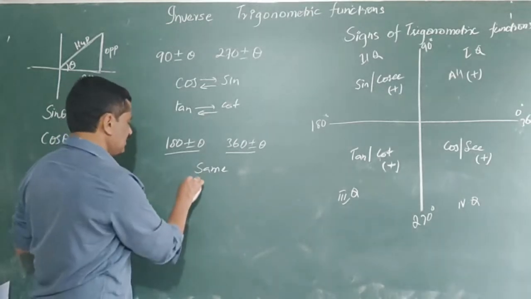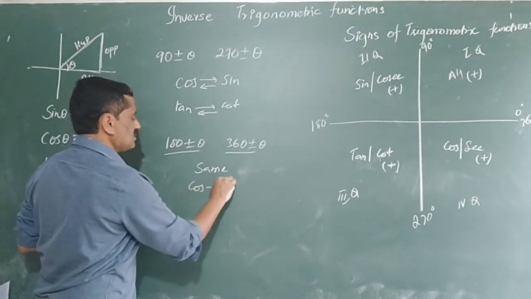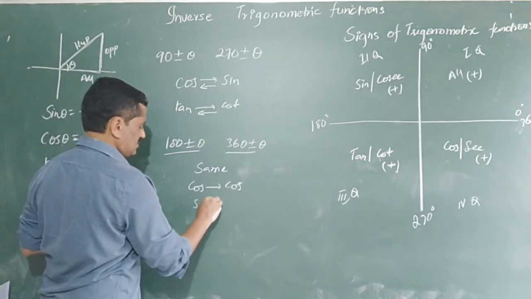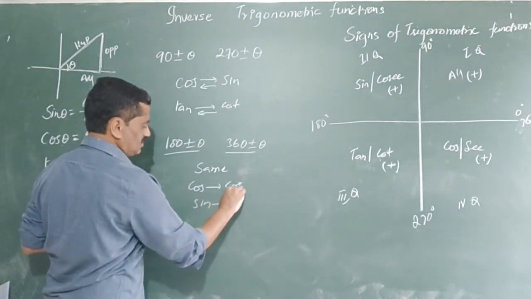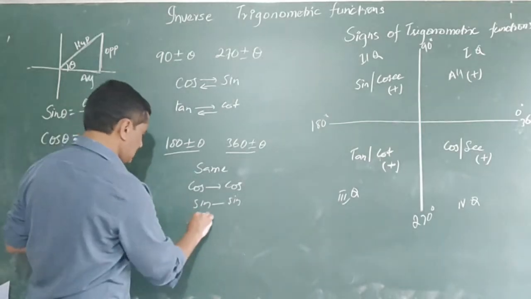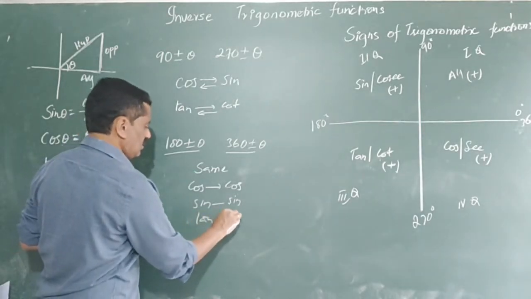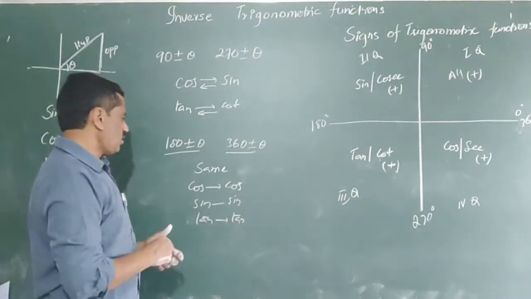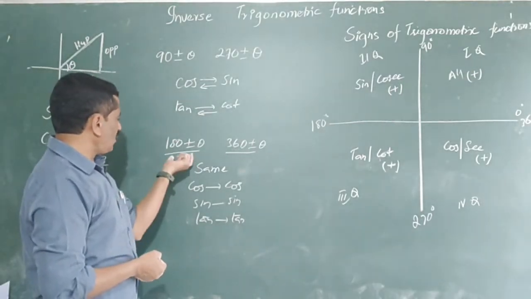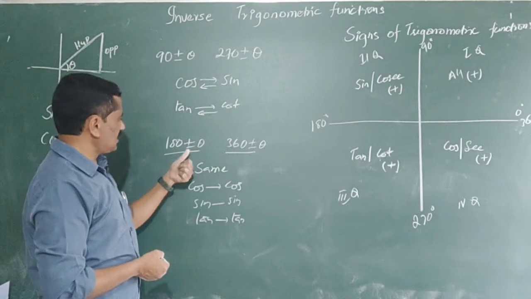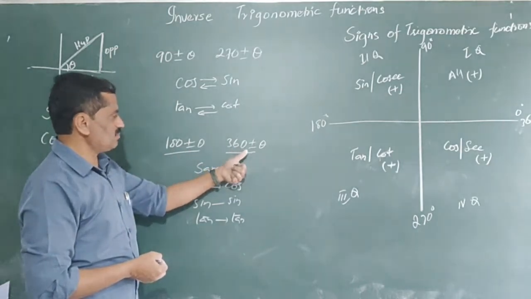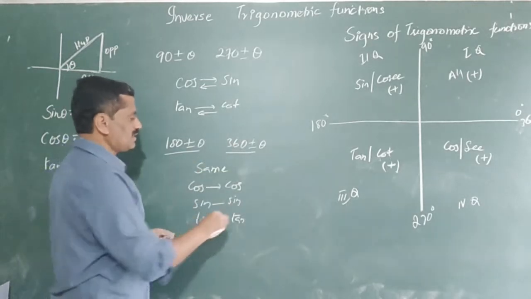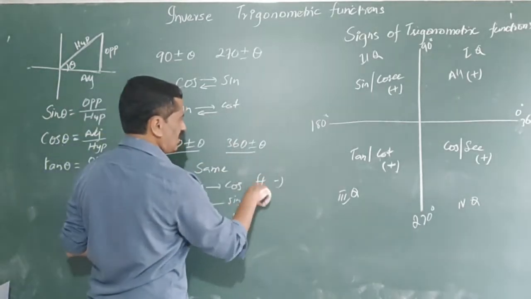That is, cos becomes cos, sin becomes sin, tan becomes tan, or cot becomes cot. Once again, you have to observe in which quadrant this particular 180 plus or minus theta or 360 plus or minus theta lies. So depending upon that, we have to determine the sign, either plus or minus.